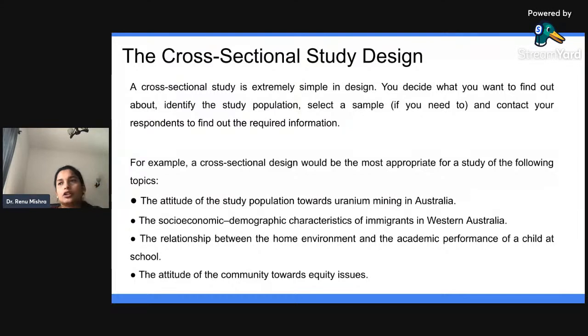First of all, you go, you collect the data, and you come back. Just say hello, give me the data, and come back. There is no hello, hi later with the respondents. Simple. Cross sectional is very simple.